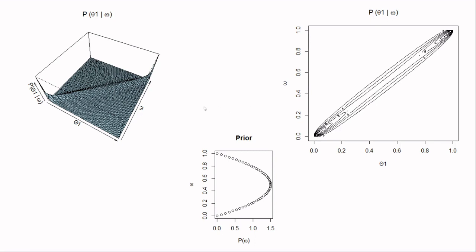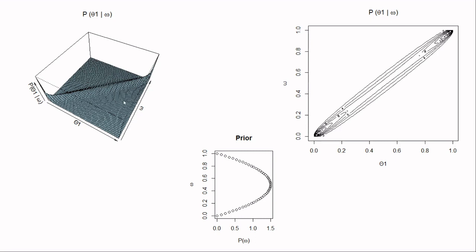We can also describe this, instead of this three-dimensional plot, as a contour plot, where we essentially project onto the theta 1 omega axis, as you would do in a map. So you say, okay, our highest conditional probabilities are here in the middle. So far these are only conditional probabilities.